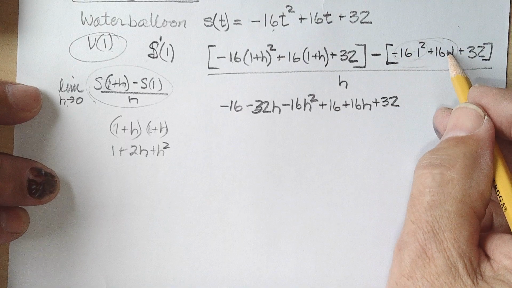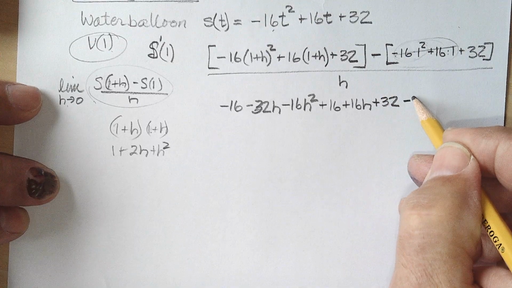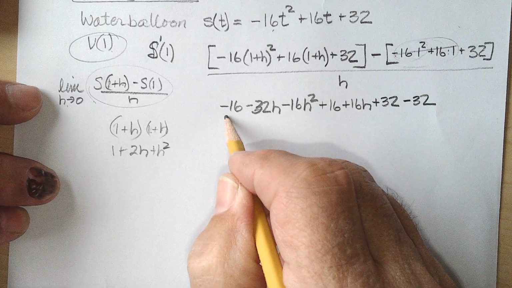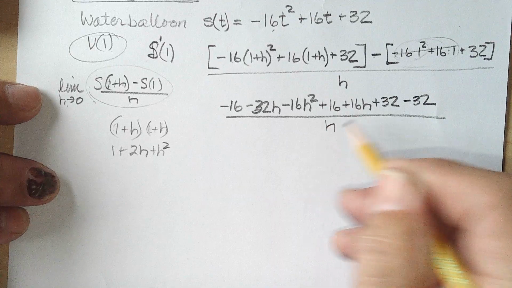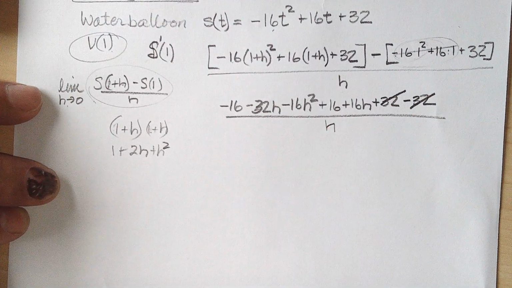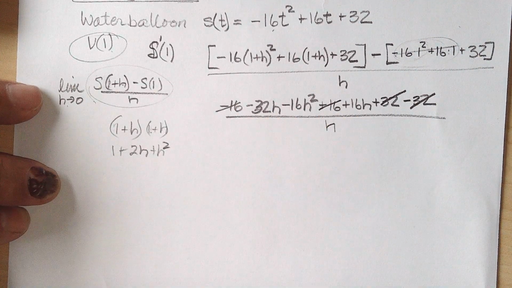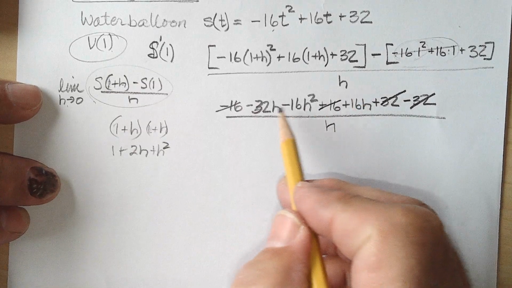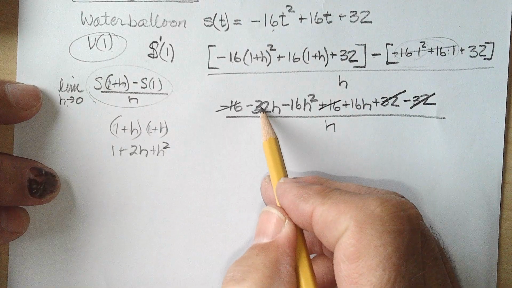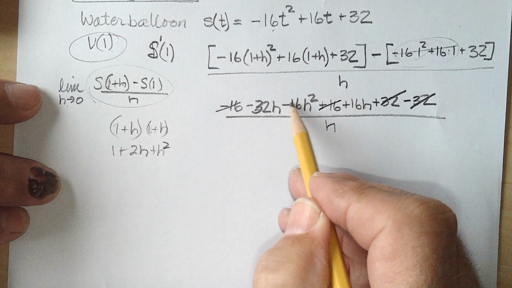That's minus 16, that's plus 16, so they cancel. So I got subtract 32 over h. These cancel. And these cancel. And so I have negative 32h plus 16h and negative 16h squared.